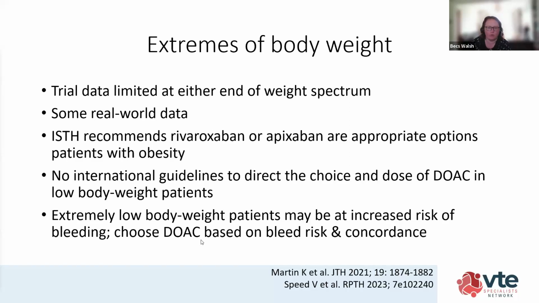Now, we would use edoxaban in tiny, frail people. I wonder what your practice is. Is there one that you prefer? When do you avoid? What are your experiences with using the DOACs in either end of the weight spectrum?